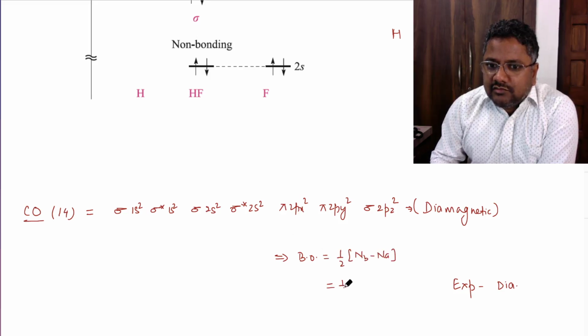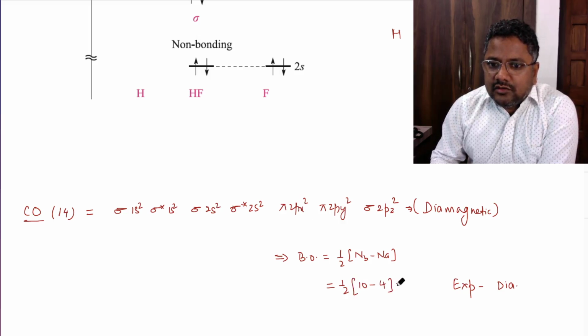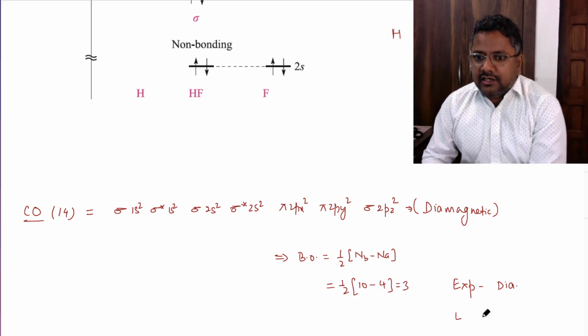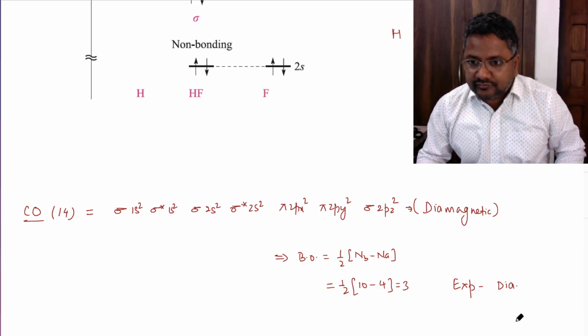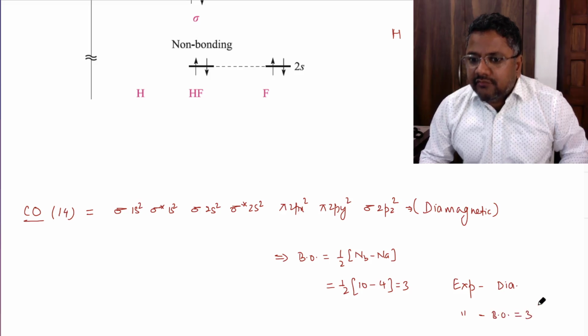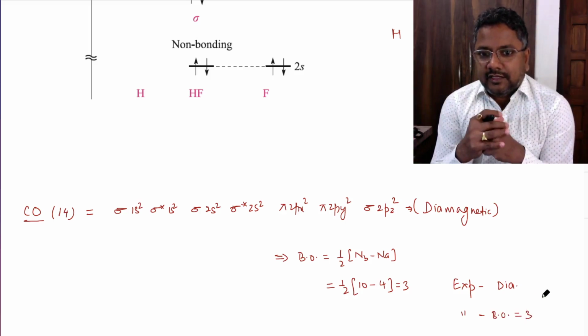So 1 by 2, (10 minus 4). So this is 3. So experimentally the bond order is equal to 3. Very happy, this calculation is working here.